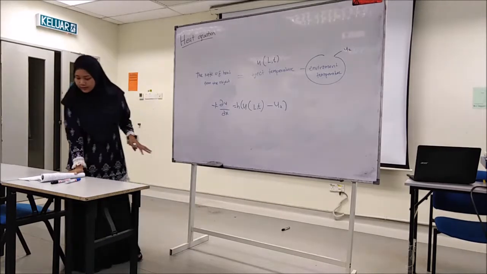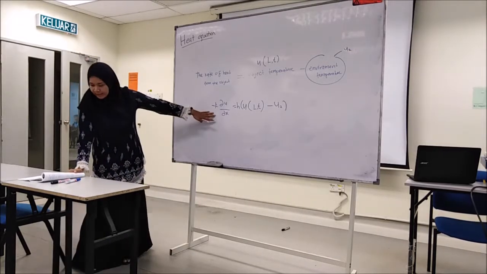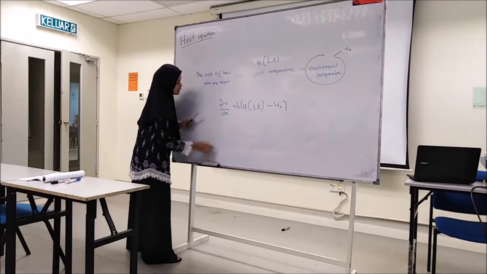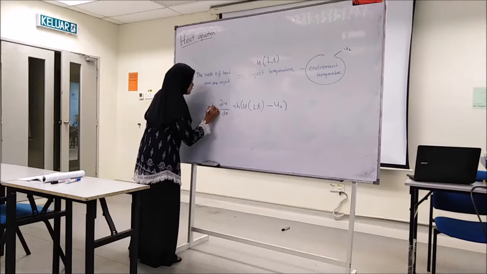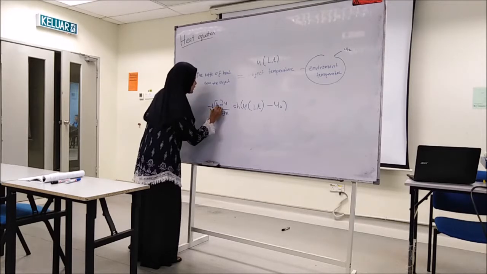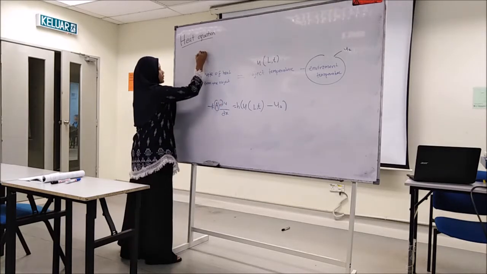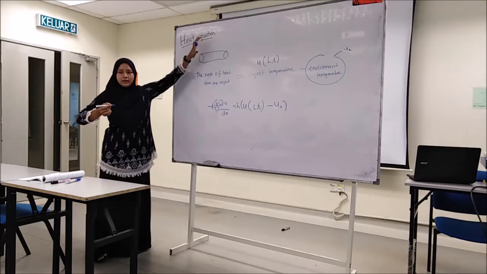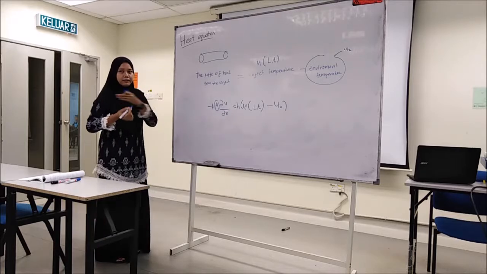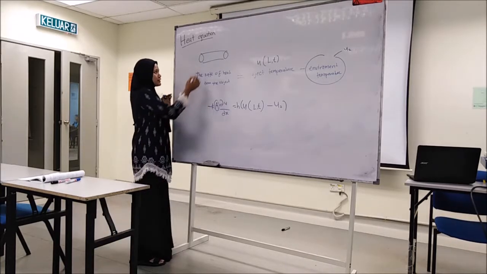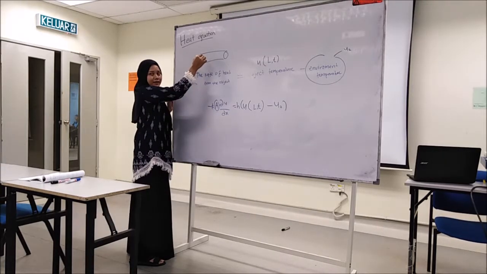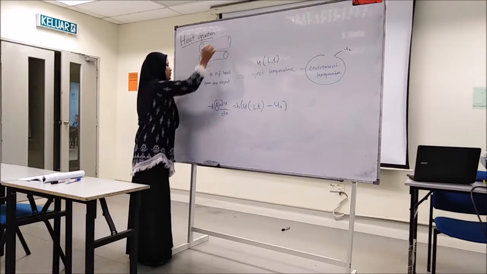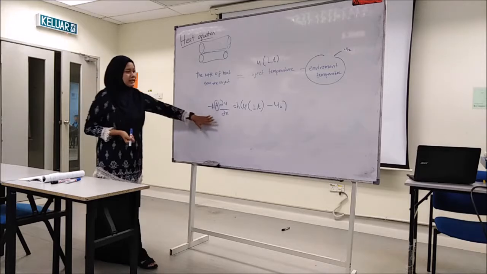In the heat flux, we also have the big A, which is the cross section area of the rod. We will not always use the same cross section area, maybe sometimes we have a bigger rod. Okay, so we get the equation like this.